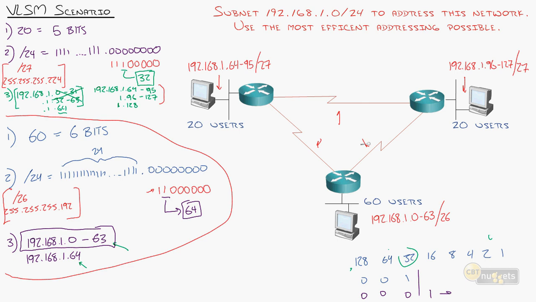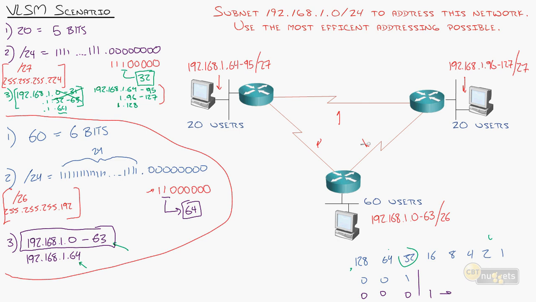A lot of people that are certification minded are like, how do they even ask a question like this on the exam? Obviously the exam is a series of multiple choice, drag and drop, simulation, all that kind of stuff. How do they ask a question like this if they were going to ask me to do VLSM?